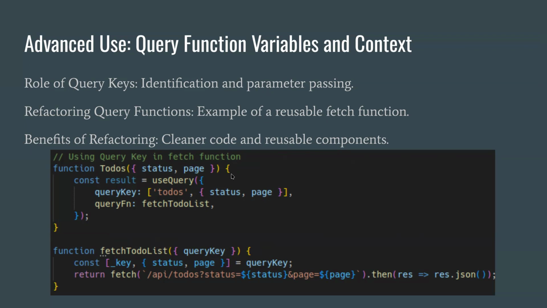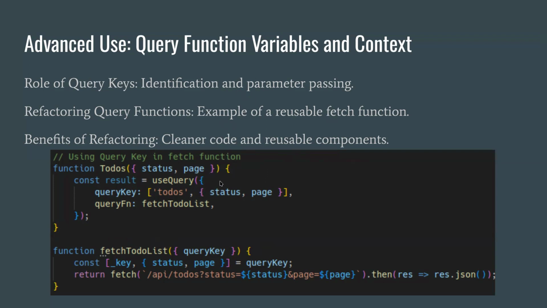And by using query keys effectively, you can pass parameters and manage caching uniquely. Refactoring query functions into reusable components not only cleans up the code, but also enhances its maintainability. And here is an example of how you can structure such a function to access and use query keys dynamically.